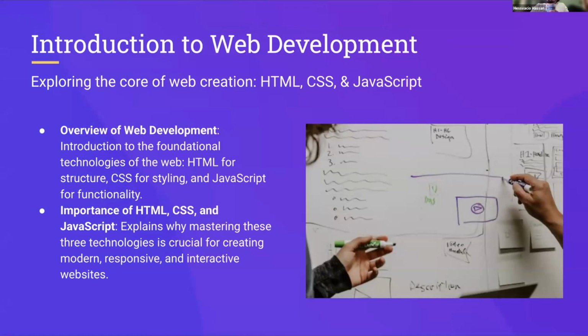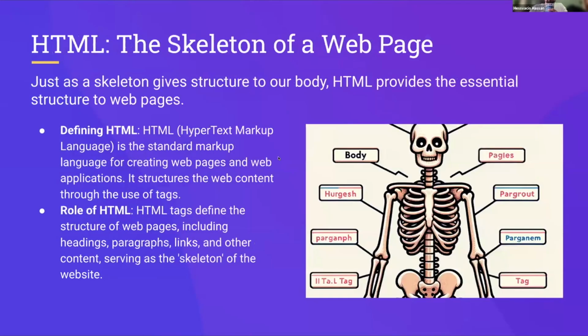So let's get started. Let's explore these core web concepts: HTML, CSS, and JavaScript. Overview. The foundation of the technologies of the web are these three elements for functionality. We've talked about this in class a little while ago, but think of HTML as the skeleton of the page.